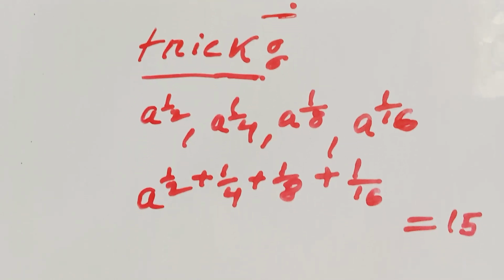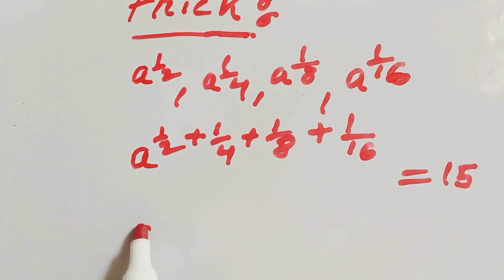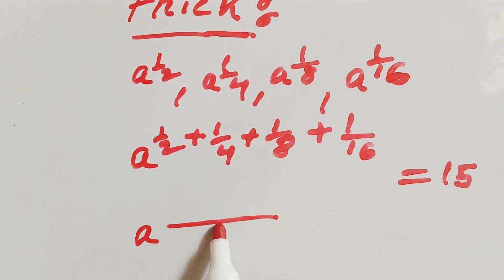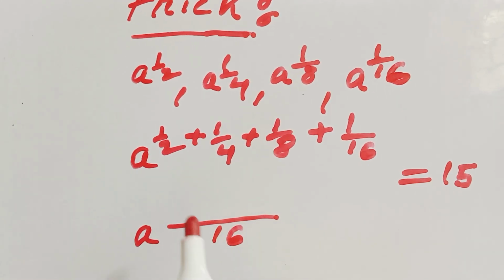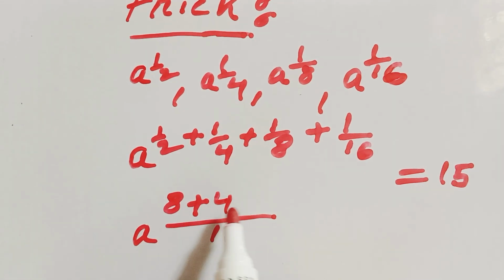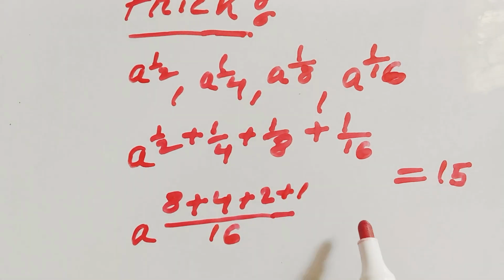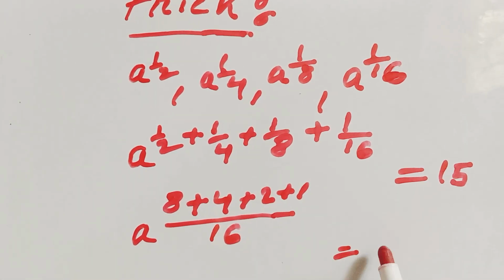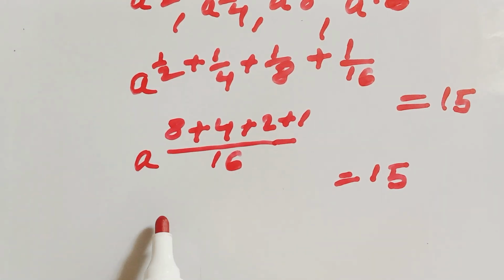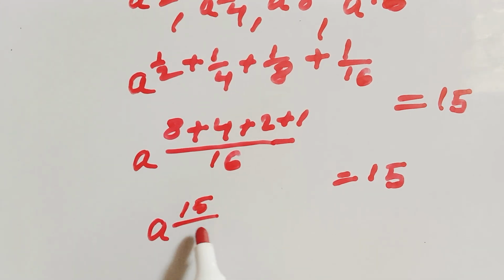So friends, here the LCM will be 16. So we can write here like that. So a to the power 15 by 16 equal to 15.